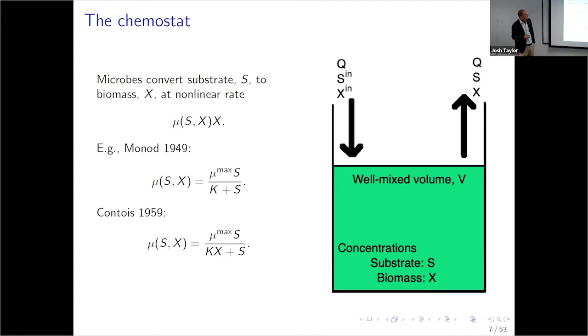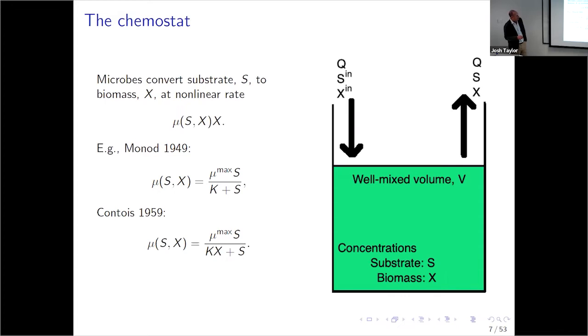And the nonlinearity at the core of the chemostat is this here, where mu is called the growth rate, and it's a function of the substrate and the biomass concentrations times the biomass. And together, this term is called the kinetics. Now, the most famous form for mu is the Monod function, Monod en français, I think.